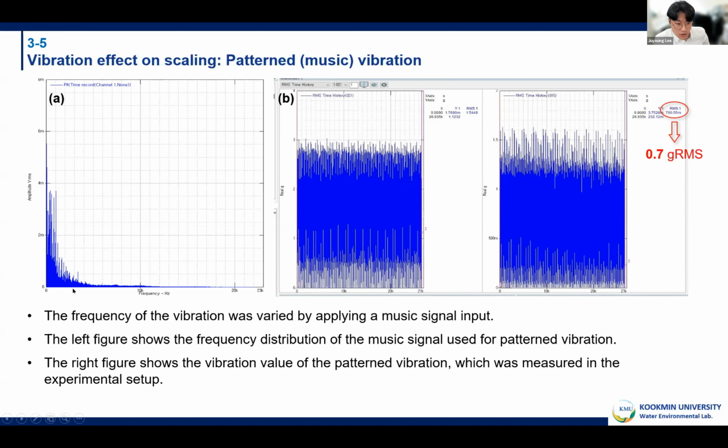The left figure shows the frequency distribution of the music signal used for patterned vibration. The right figure shows the vibration value of the patterned vibration, which was measured in the experimental setup. We set the vibration value of the patterned vibration to 1.7 GRMS.